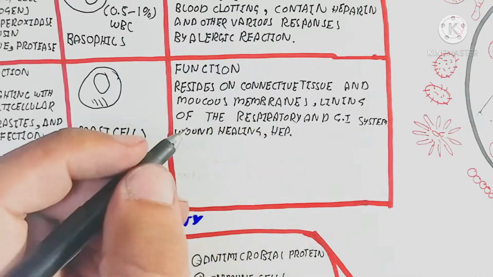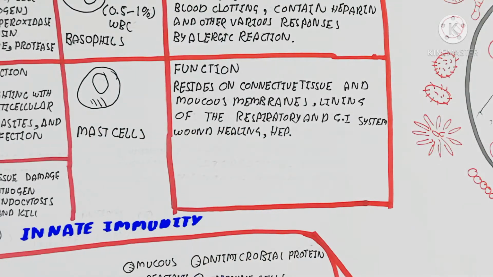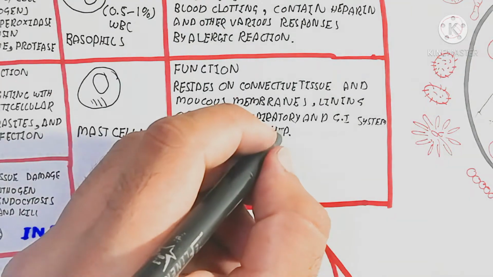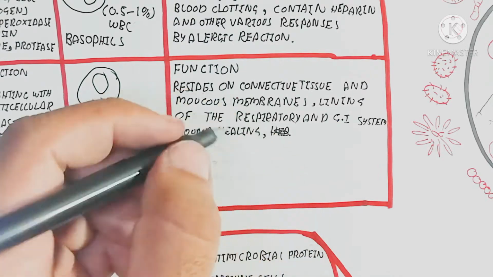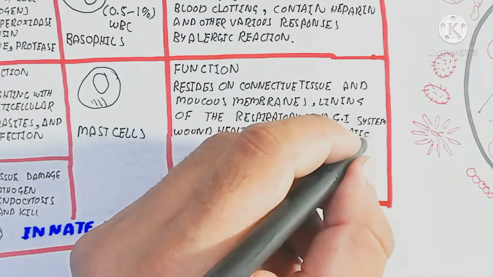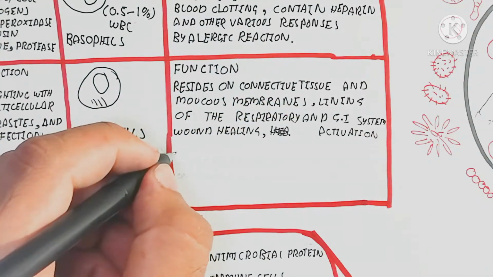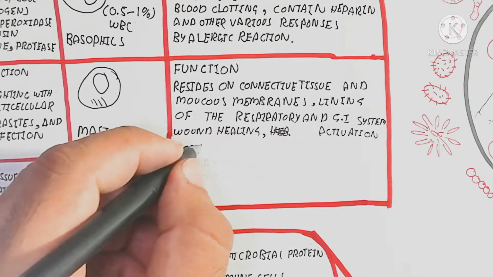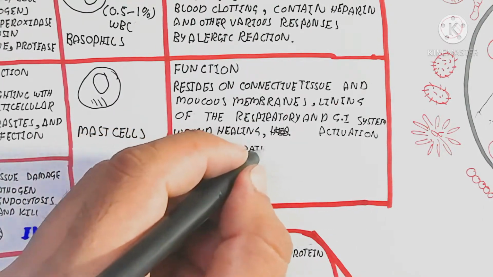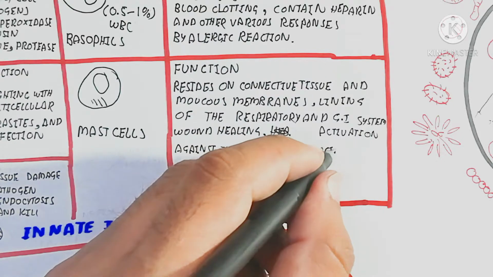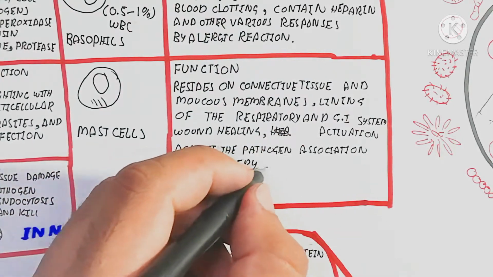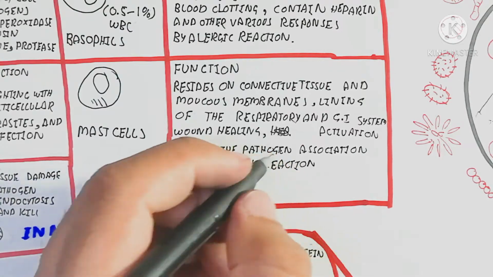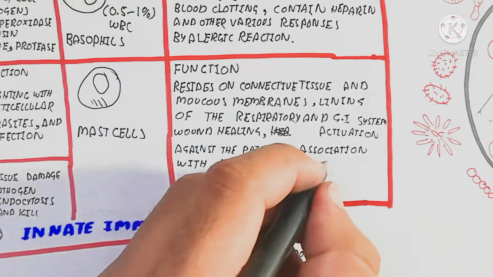It is used for wound healing, activation against pathogens, and association with allergic reaction. Their granules contain histamine and heparin, which facilitate entry into the blood vessel, the blood capillary, so macrophages and neutrophils can invade to kill the parasite at the inflammation site. So that is the important character of the mast cell.